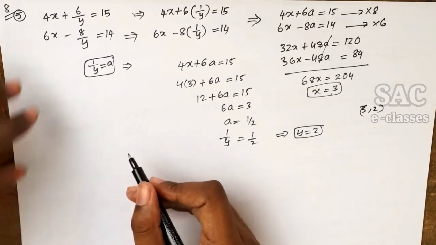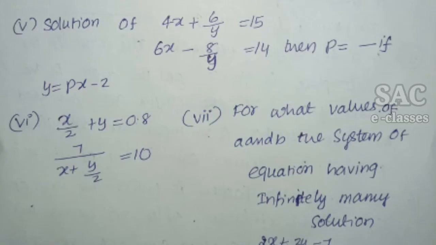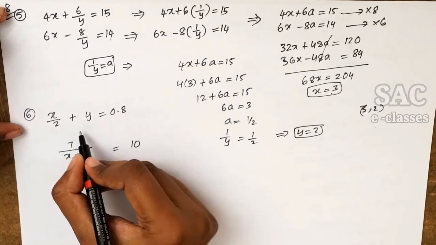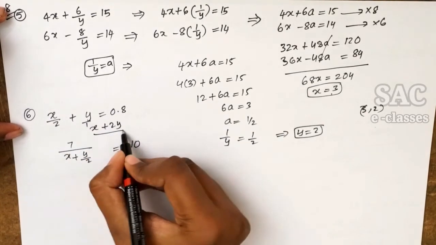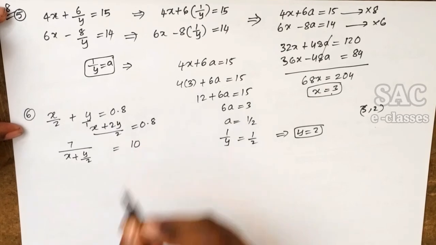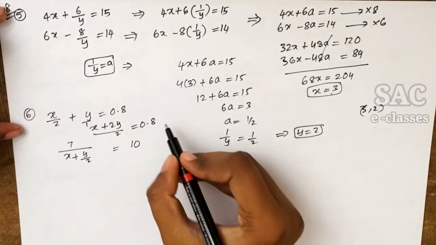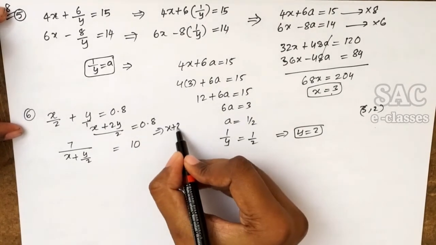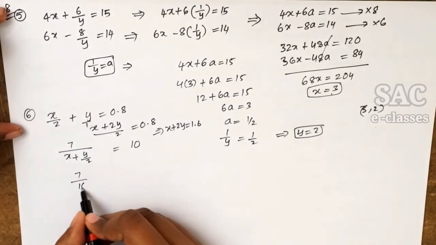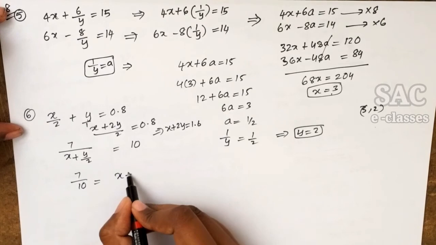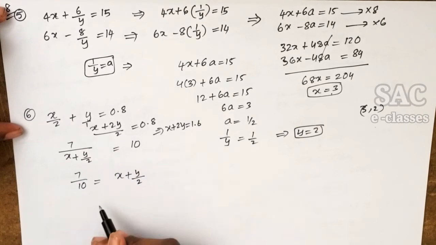Let's move to the problem number 6. First of all, to simplify this, finding the LCM, x plus 2y by 2 equal to 0.8. You can write that x plus 2y is equal to 1.6. Then you can write this as 7 by 10 by transposing, x plus y by 2.